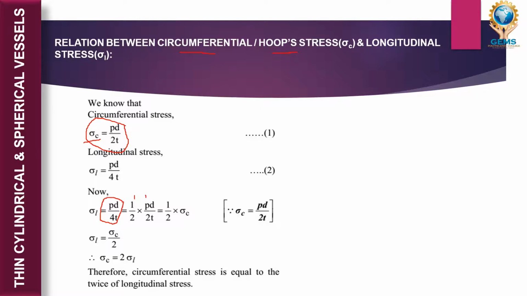So we can say that our longitudinal stress value will be sigma c by 2. Am I right or wrong? If we simplify further, it becomes sigma c equal to 2 into sigma L. That means circumferential stress or hoop stress is equal to twice the longitudinal stress.